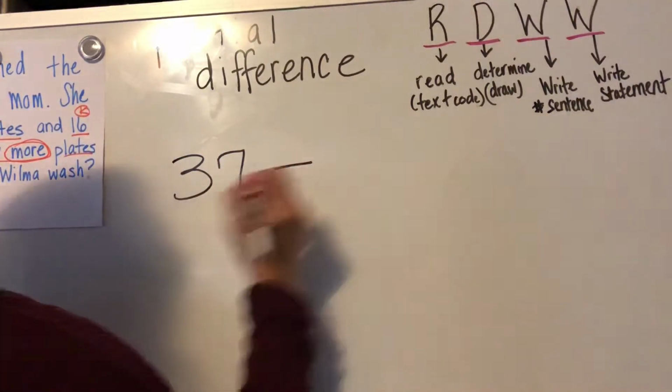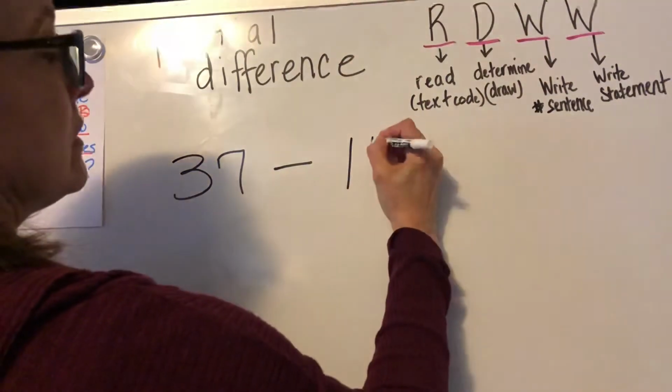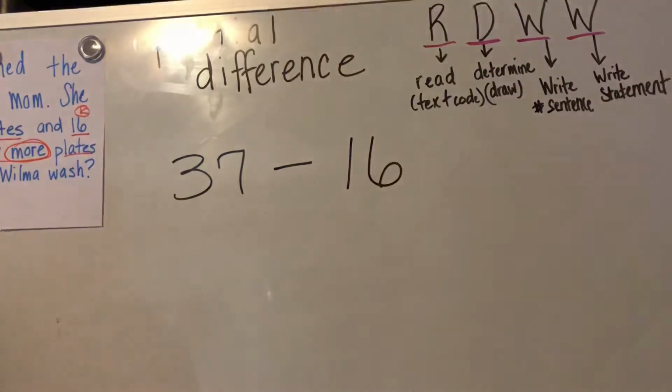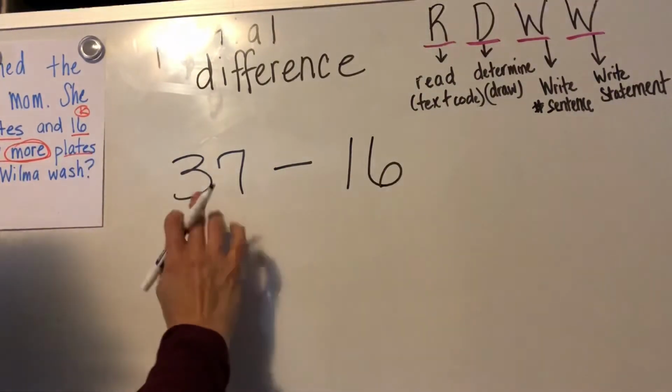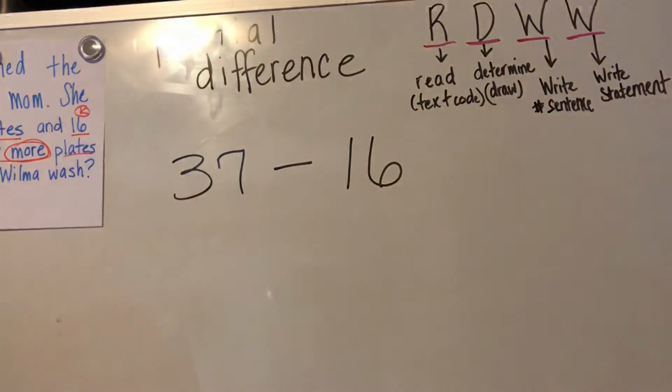So I'm going to put my minus symbol and subtract the 16 cups. That's going to tell us how many more plates than cups. We already know that this is a bigger number. We want to know how much bigger. So when we try to figure that out, it's subtraction.